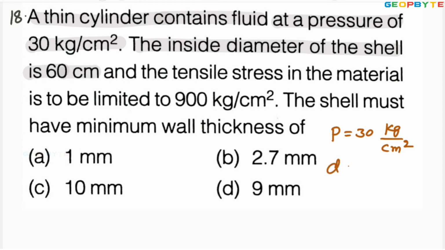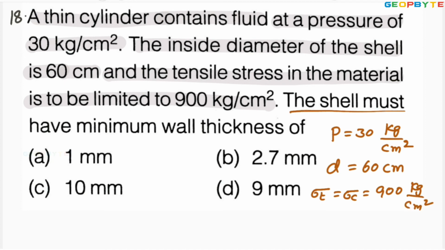And the tensile stress in the material is limited to 900. I can take it as the maximum stress. That maximum stress is circumferential stress. Circumferential stress equal to 900 kg per cm square.